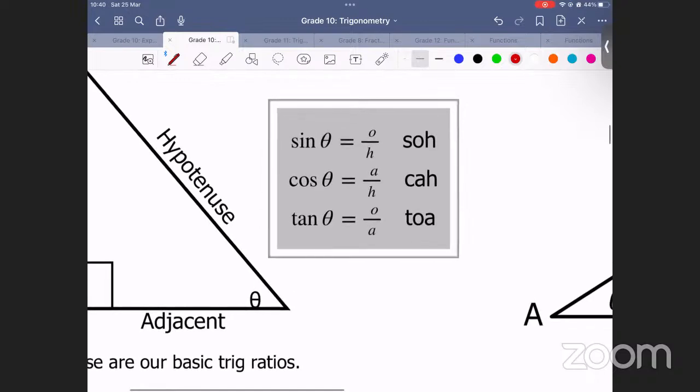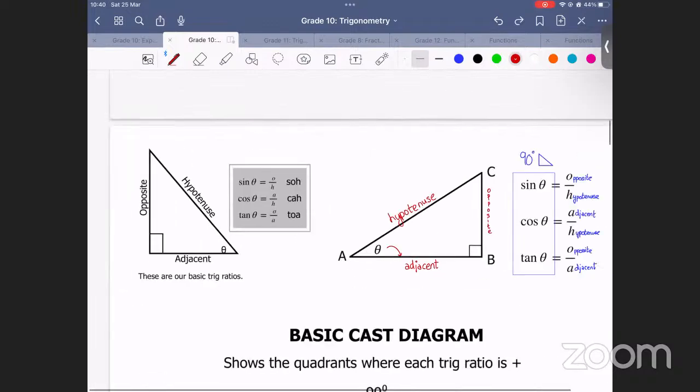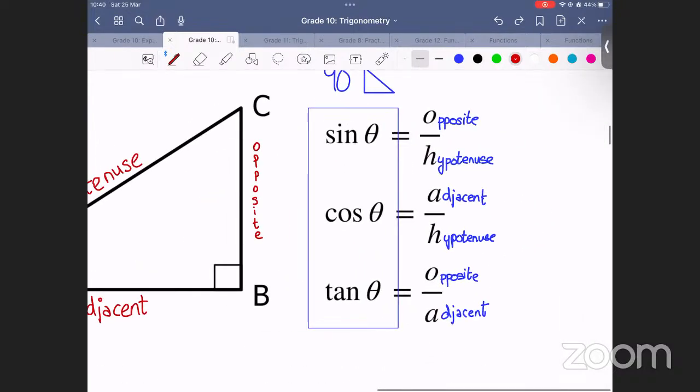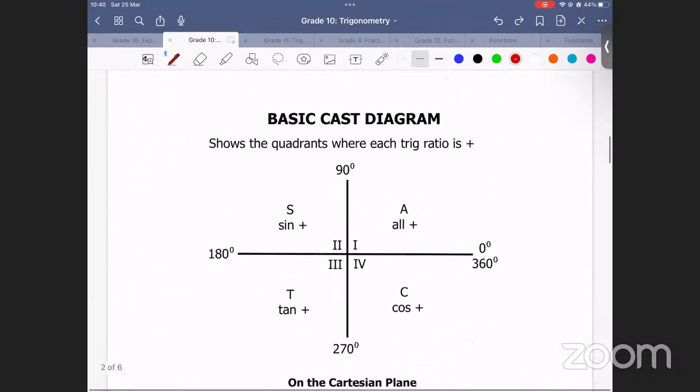SOH meaning opposite over hypotenuse, CAH meaning adjacent over hypotenuse, TOA meaning opposite over adjacent. So we can remember those key trigonometric ratios by SOH CAH TOA. They are referred to as ratios because we have them expressed as ratios: opposite over hypotenuse, a fraction, is a ratio.